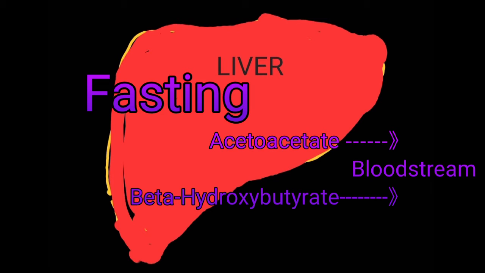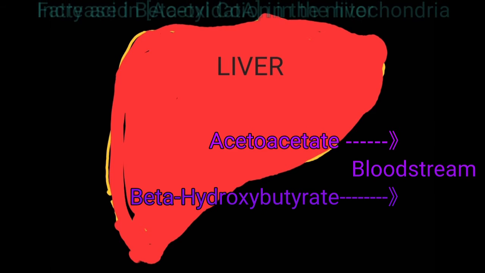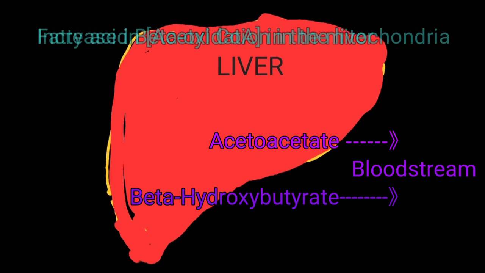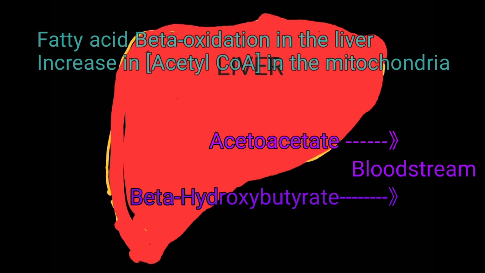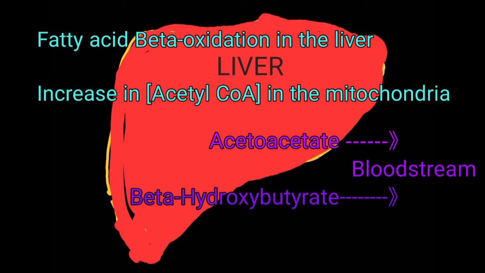So ketone bodies are derived from acetyl-CoA, and in turn that acetyl-CoA comes from the beta oxidation of fatty acids in the liver. So the liver will use the beta oxidation and acetyl-CoA for its own energy needs. At some point there'll be enough energy, ATP and NADH, that the TCA cycle gets shut down, so you have an accumulation of acetyl-CoA.